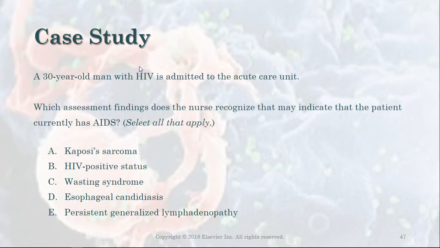So is their HIV positive status an indication that they currently have AIDS? No, it is not. Simply because a patient is HIV positive, that does not mean that they have AIDS. A person who has AIDS is always HIV positive.